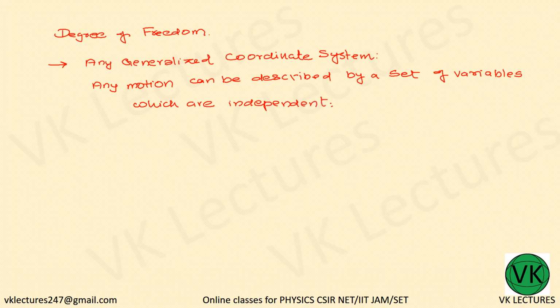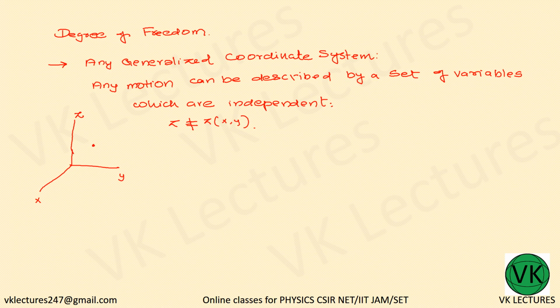For example, in the Cartesian coordinate system, we have x, y and z. To describe some motion, we use the help of these x, y and z. These x, y and z are independent of each other. They do not depend on any of the other coordinates. For example, z is not a function of x comma y. So this is called an independent variable.